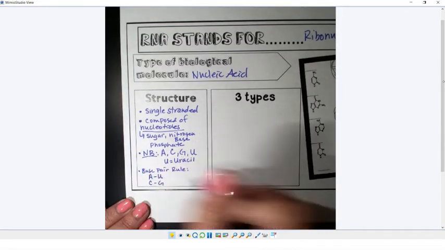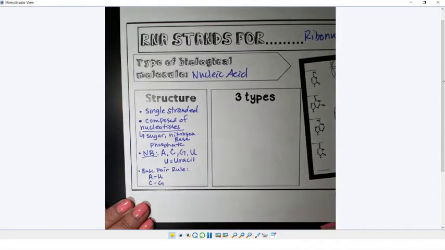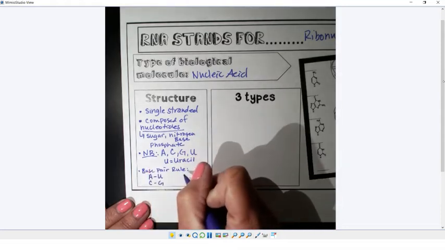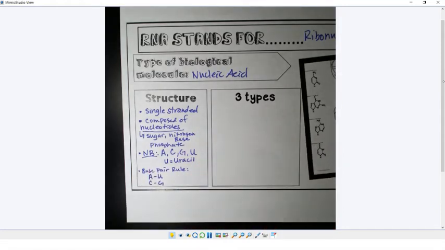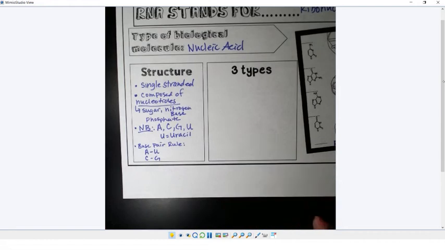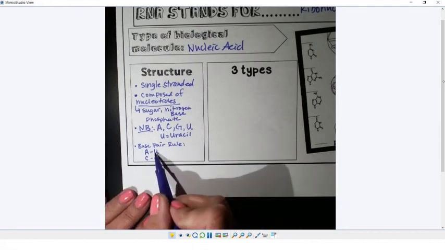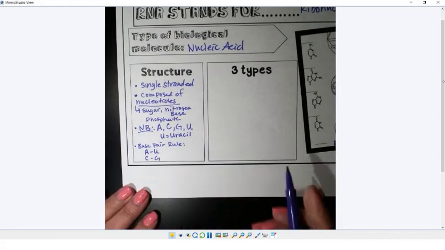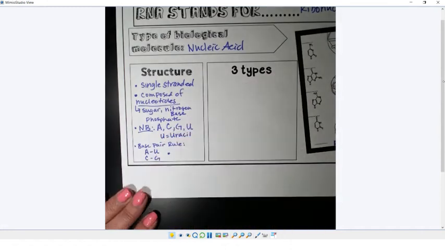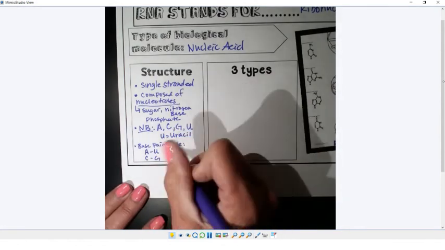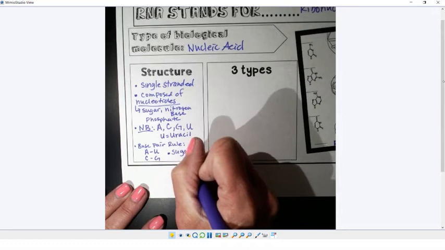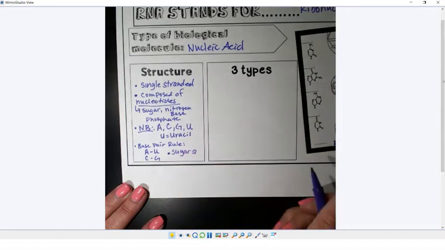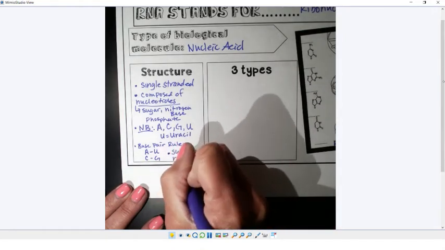C matches with G. We'll just stick with that. So no T, but we've got U instead. And then the last one, and I am running out of room, is our sugar. Our sugar is not deoxyribose, it is called ribose.